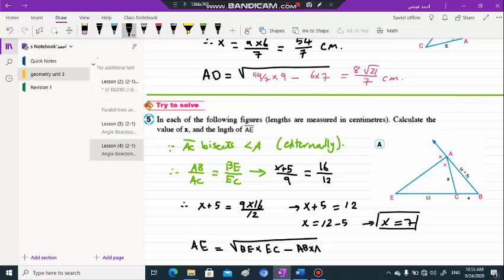So it will equal square root of BE, which is 16, times EC, which is 12, minus side times side. We said that x equals 7, so AB equals 12 centimeters. So 16 times 12 minus 12 times 9, and AE equals 2 root 21 centimeters.